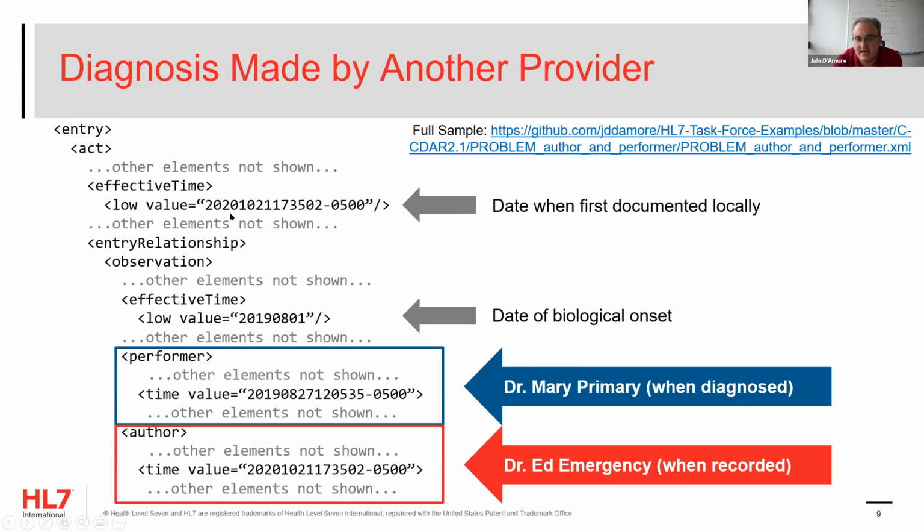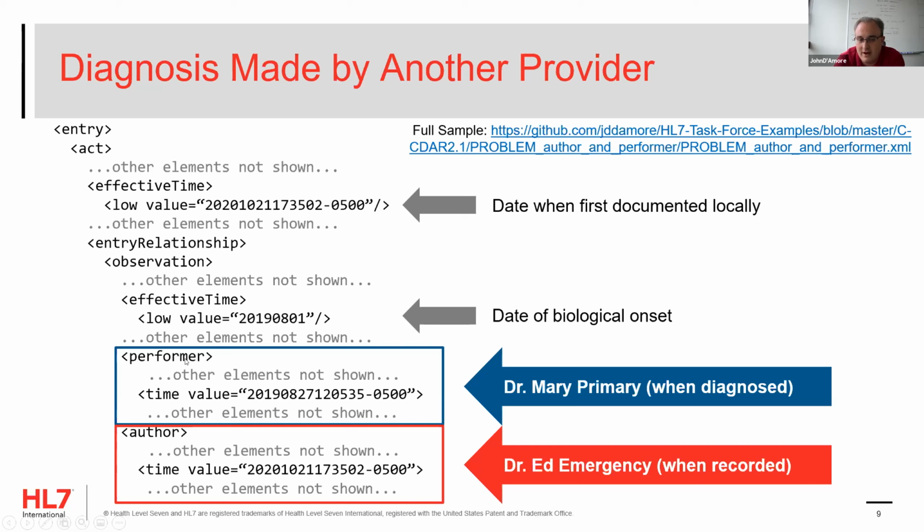The patient is here today in the ER, so all of this takes context as of today, October 21st. You want to document the diabetes and it's a concern locally here. The biological onset date would be basically when that external documentation said that the patient actually became a diabetic, which was August of last year.